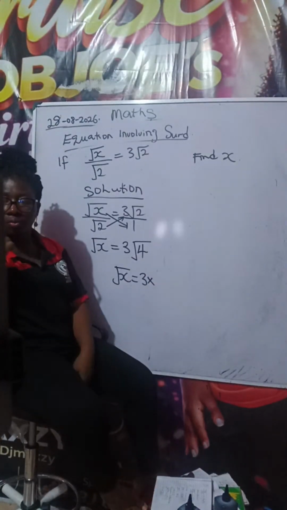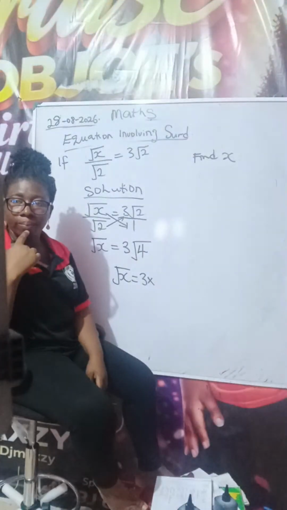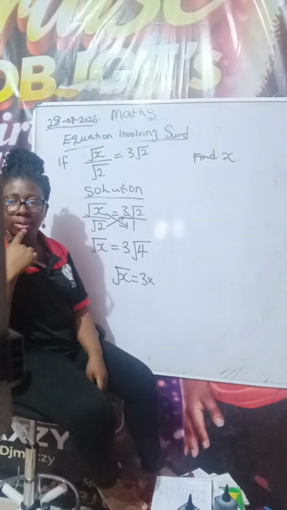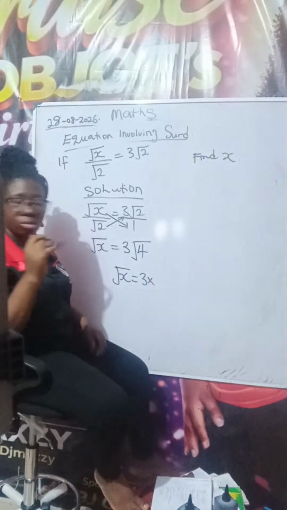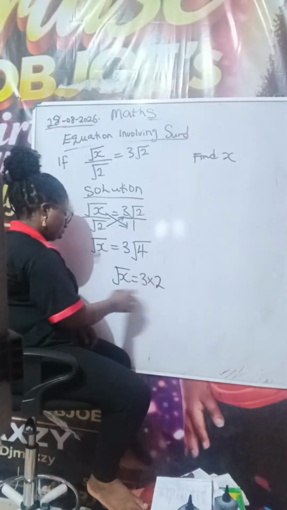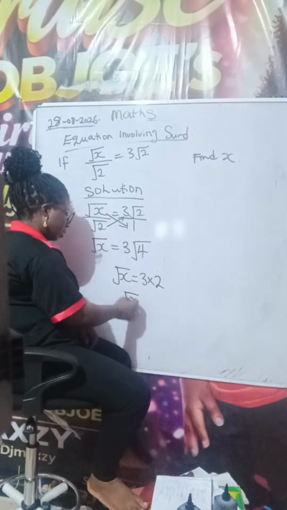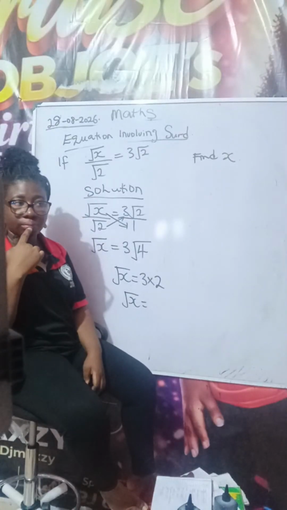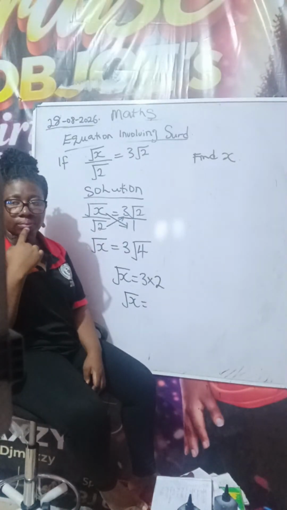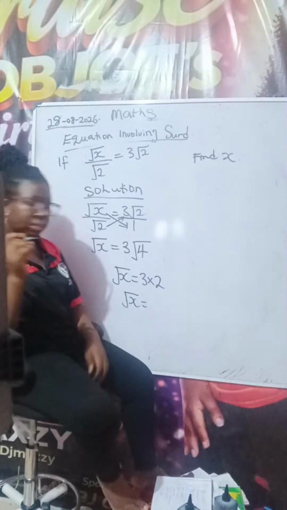What is the square root of 4? 2. So we put 2. So we have root x equals to 3 times 2. So 3 times 2 will give us 6.